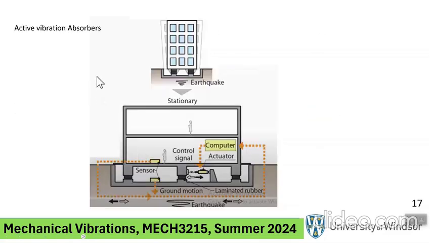All right. You should also be familiar with the terminology of active vibration absorber versus passive vibration absorber. Now, you don't have to be a genius to realize that if you're in an earthquake region and the earthquake takes place, this building sways back and forth, okay? And of course, it also goes up and down, we know that.